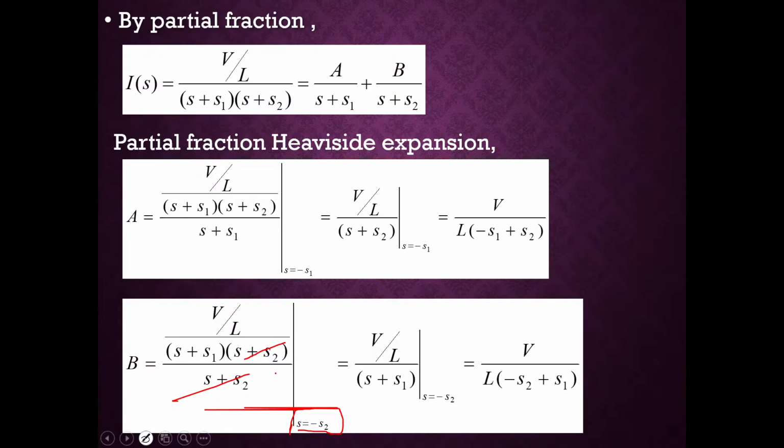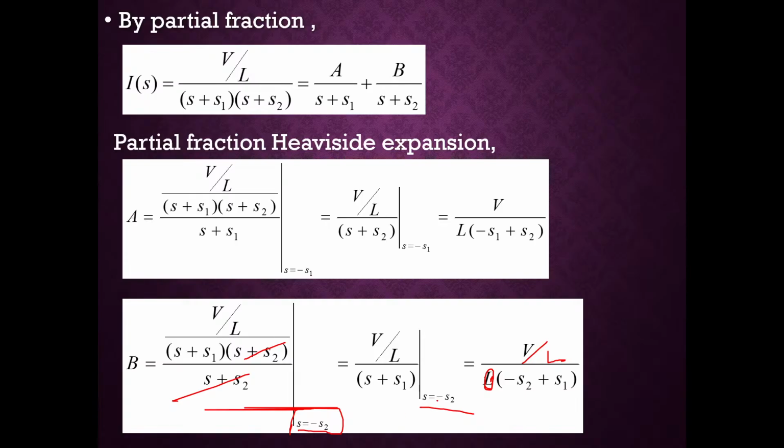Now, after cancelling S plus S2, what is left over? V by L by S plus S1. Substitute S is equal to minus S2. So you will get V by L into minus S2 plus S1. Or you can write V by L divided by S1 minus S2.